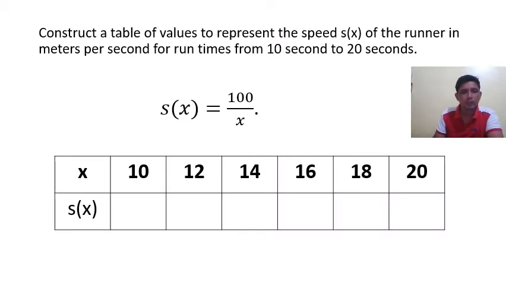Okay, next, we are instructed to construct a table of values to represent the speed, or the S of x, of the runner in meters per second for run times from 10 to 20 seconds.